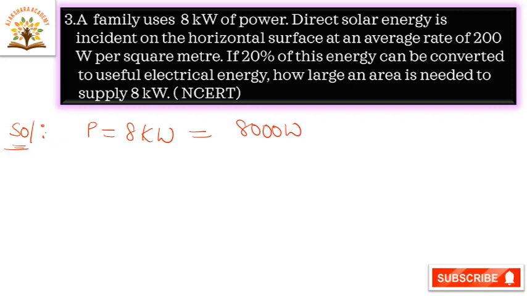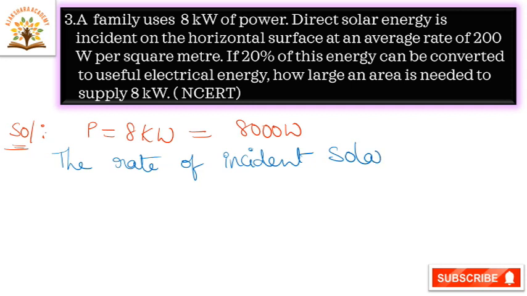The rate of incident solar energy is 200 watts per square meter, where A is the required area.